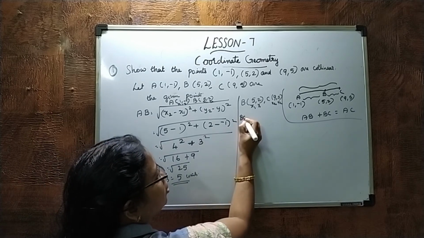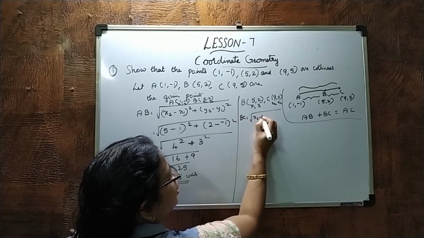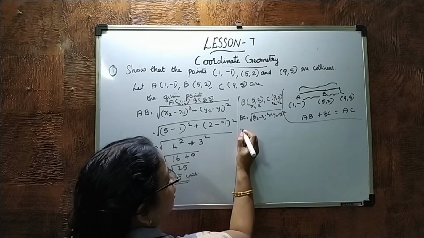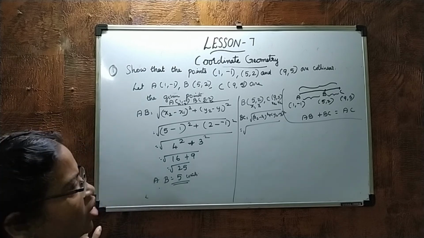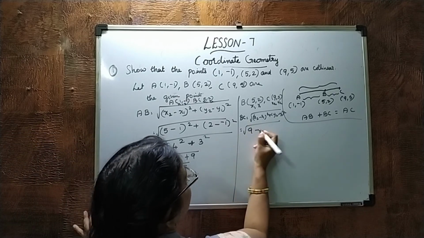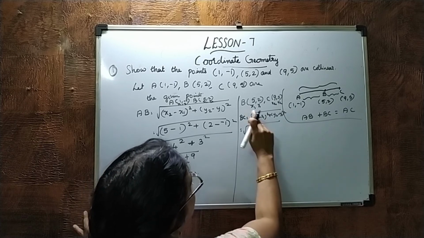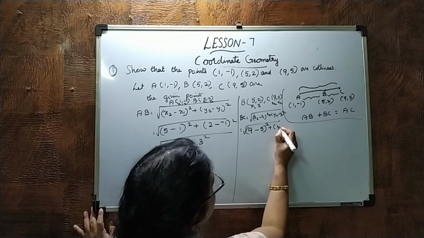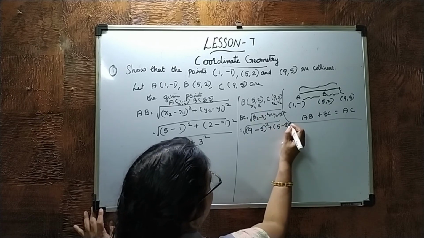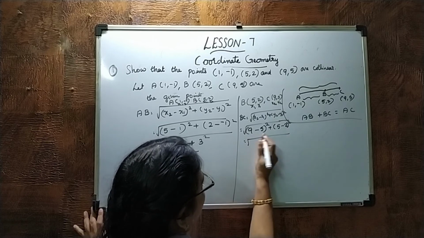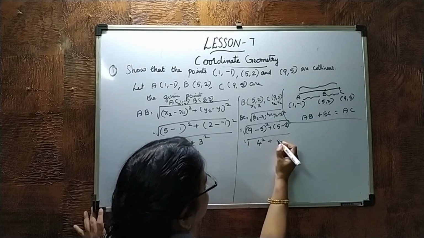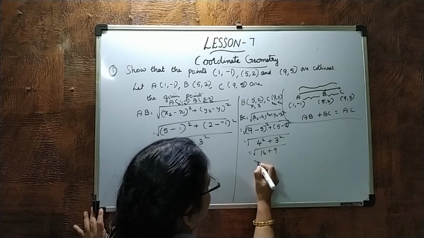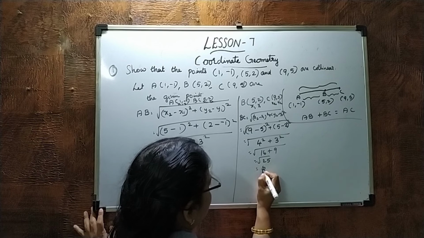So BC equals root of (x2 minus x1) the whole square plus (y2 minus y1) the whole square, which is root of (9 minus 5) square, 4 square, plus (5 minus 2) square, 3 square, equals root of 16 plus 9. We get the same answer, 5.